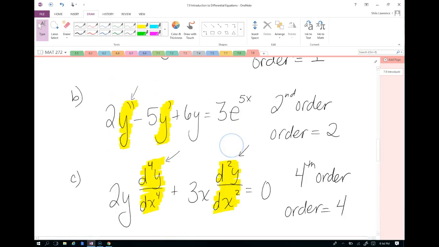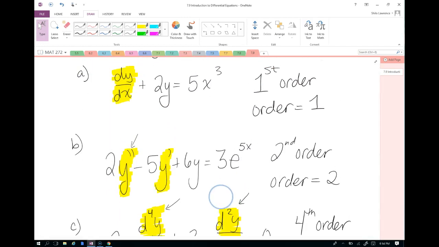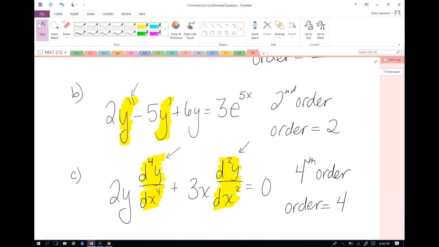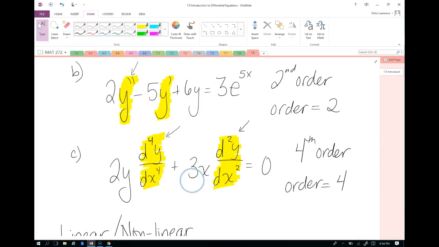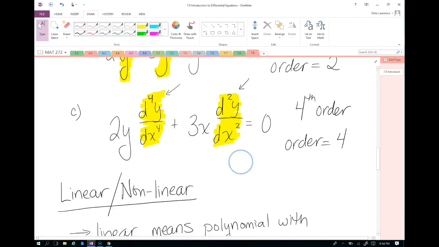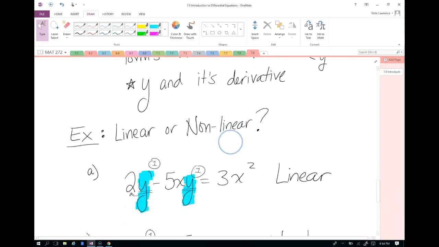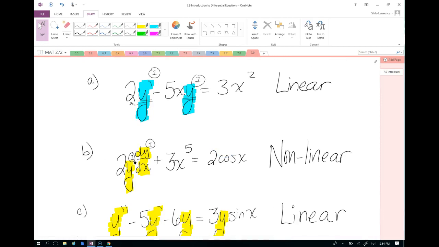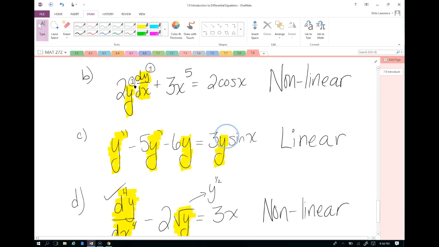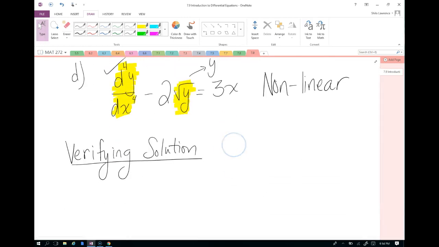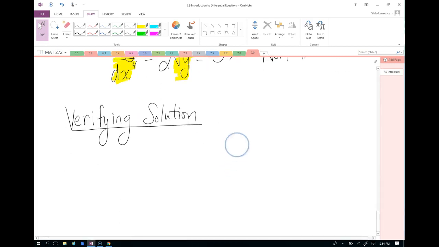The only difference here is we don't only have y in the differential equation. We also have possibly y prime, y double prime, fourth derivative of y. So we're not only going to plug y into the spot where we have the y, we also need to figure out the derivatives and plug them in as well.